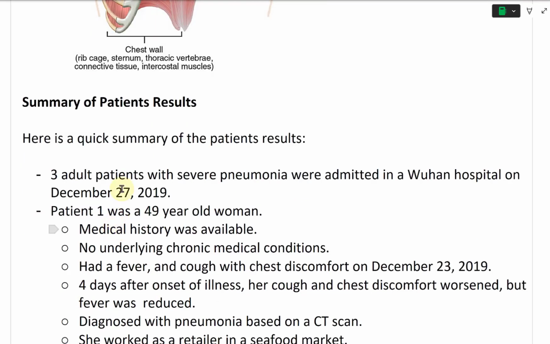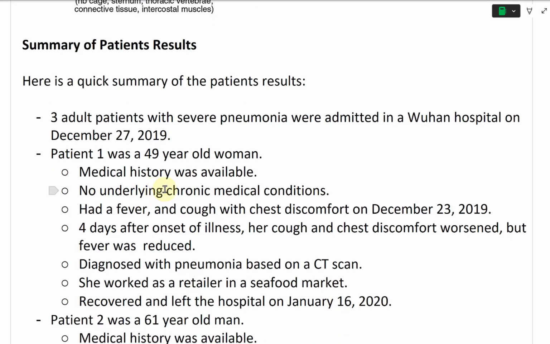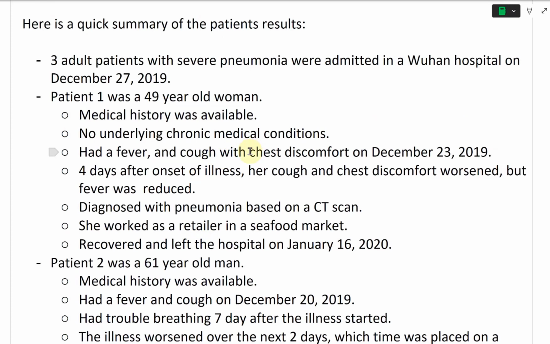Yeah, now we're going to take a look at the summary of patients' results. So here's a quick summary of the patients' results. 3 adult patients with severe pneumonia were admitted to a Wuhan hospital on December 27th, 2019. And patient 1 was a 49-year-old woman. Medical history was available and had no underlying chronic medical conditions.